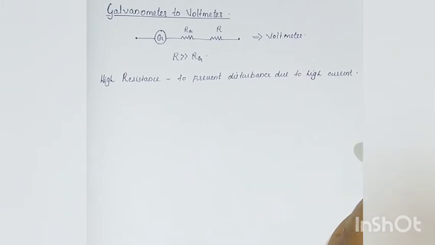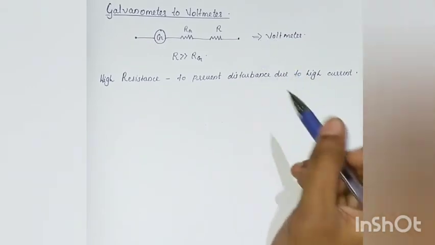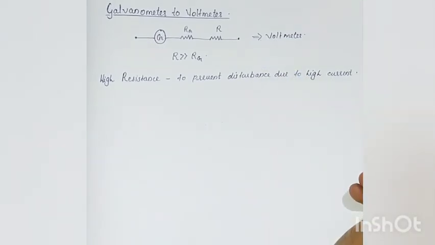This is a very basic and general fact regarding circuits that we have already learned in our lower classes, that ammeters are always connected in series and voltmeters are always connected in parallel. So this converted voltmeter has to be connected in parallel to the circuit where we have to measure the voltage.